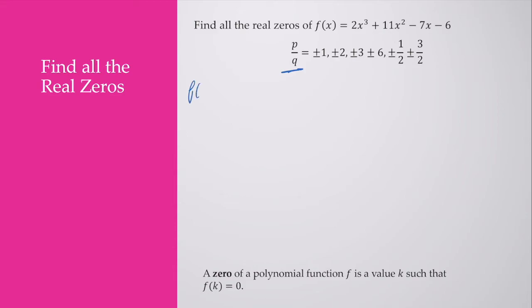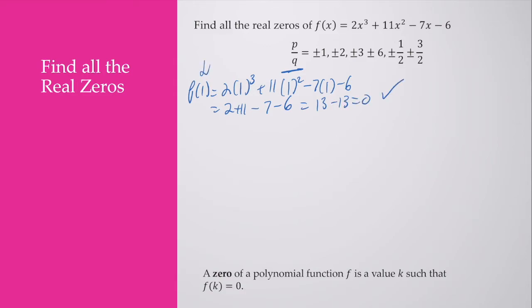So f of 1 is 2 times 1 cubed plus 11 times 1 squared minus 7 times 1 minus 6, which is 2 plus 11 minus 7 minus 6, which is 13 minus 13, which is 0. Yay! So 1 is a factor. I'm going to go ahead and do the synthetic division to determine my quotient.